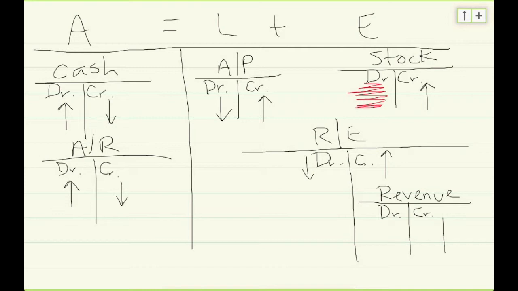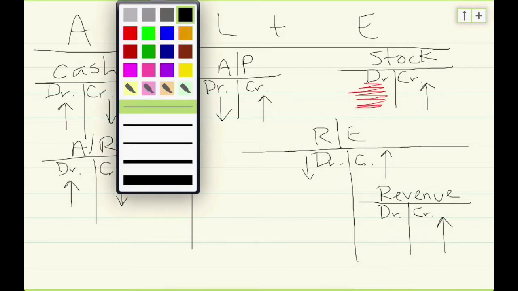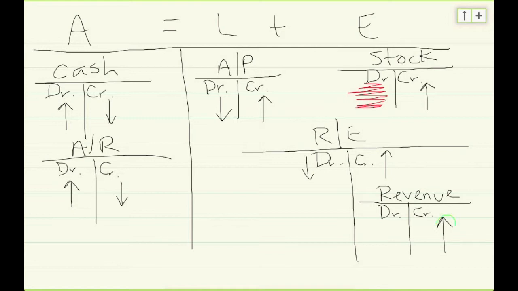In other words, you could almost think of it as this increase to this revenue account has the impact of increasing our retained earnings. Okay, which makes sense because revenues increase net income, which increases retained earnings.